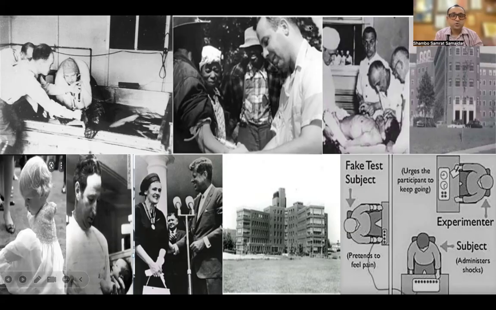And now if we go through this picture, where some black prisoners had been injected here. Actually, they were suffering from syphilis, but they did not get penicillin because the researcher wanted to see the natural history of syphilis.